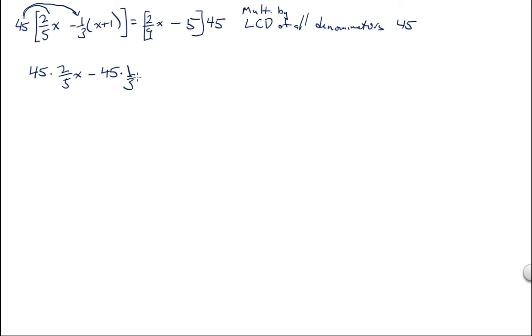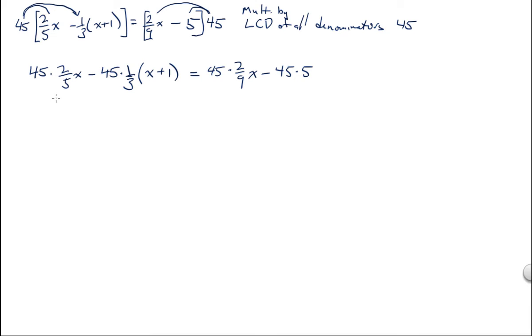I could have written this as plus 45 times negative 1/3, but I think it'll be fine like this. Now let's do 45 multiplied by both of these terms. So 45 times 2/9 x minus 45 times 5.